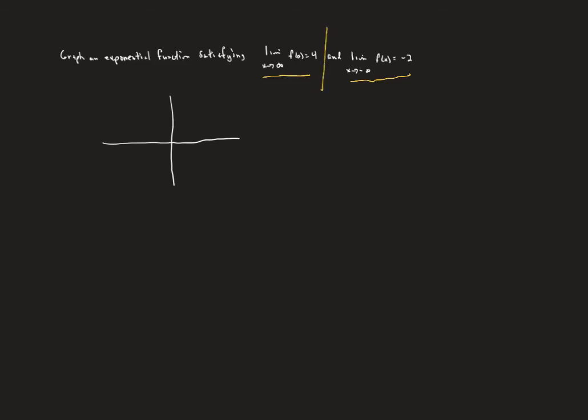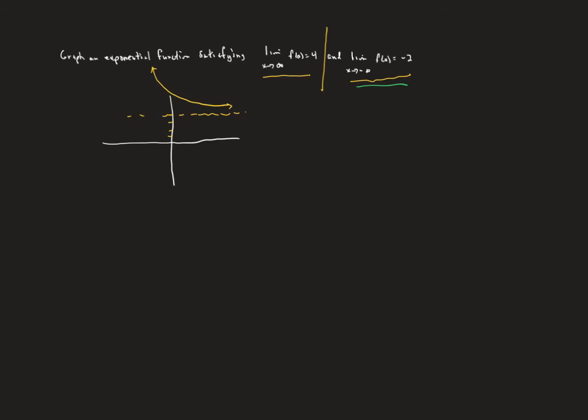If we go to infinity on the first one, I'm going to do the first one in yellow. If our limit as x goes to infinity is 4, that means it's going to approach 4 going to the right. So if we are going to have an exponential and it's got to approach 4, it's going to have to be a decay curve, something like that.